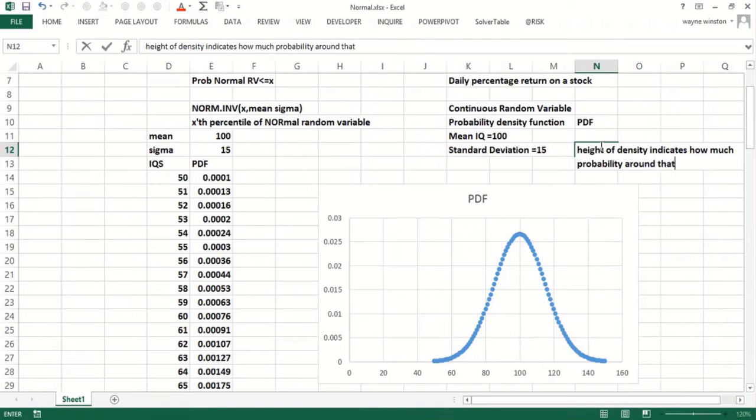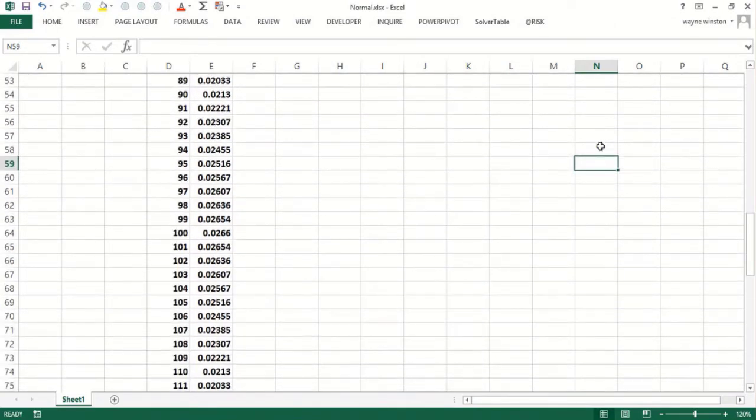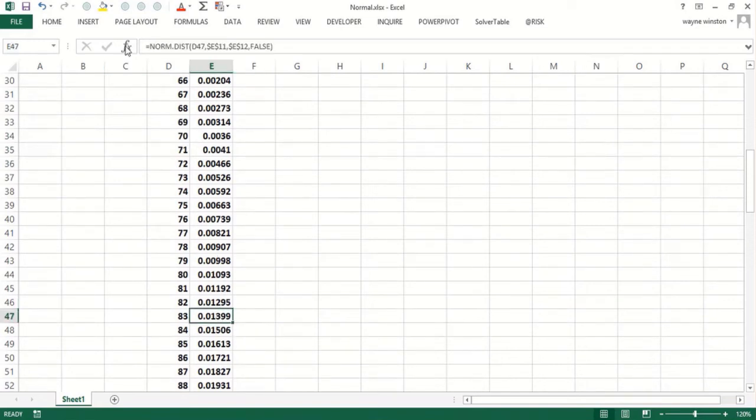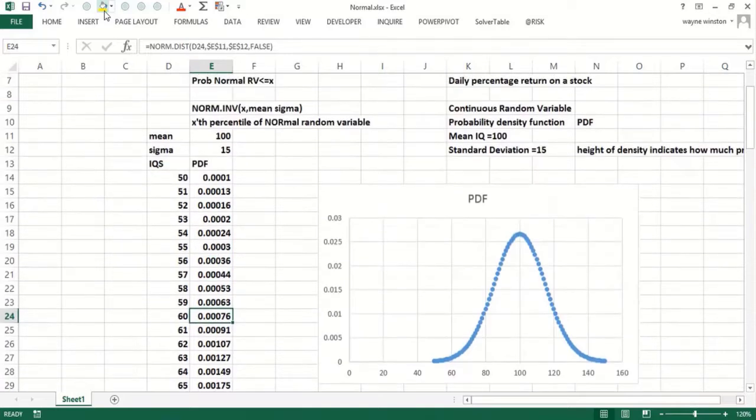So for an IQ of 100, the height of the density is highest at 100. So 100 is going to be the most likely IQ. And the height at 100 is 0.02634. And if I look around 83, it's about half as high. So that would mean about half as many people have IQs near 83 as 100.